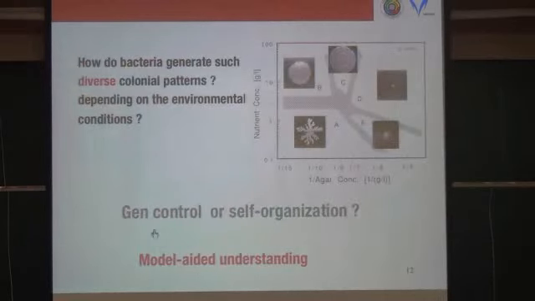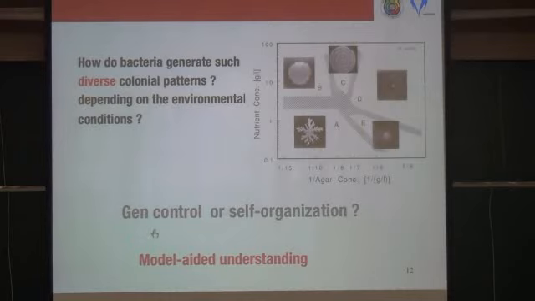So the question is very clear. How do bacteria generate such a diverse pattern, depending on the environmental conditions? Why or how can they change their strategy? That is the question.